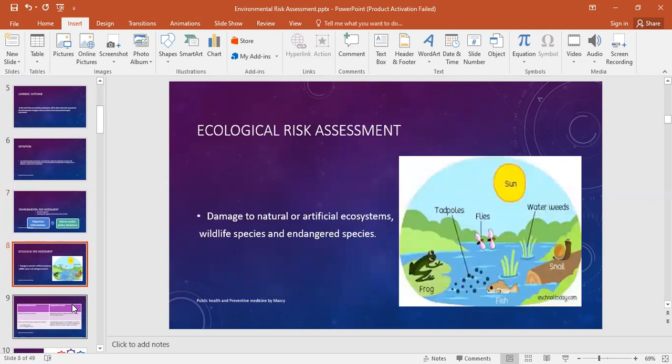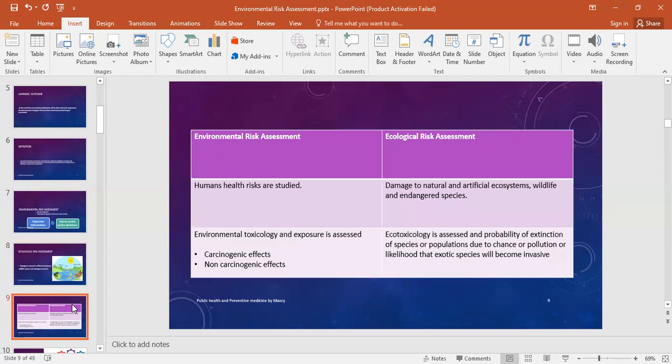Damage to natural or artificial ecosystems, wildlife species, and endangered species is known as ecological risk assessment, where viability is at risk. These are the differences between environmental risk assessment and ecological risk assessment.